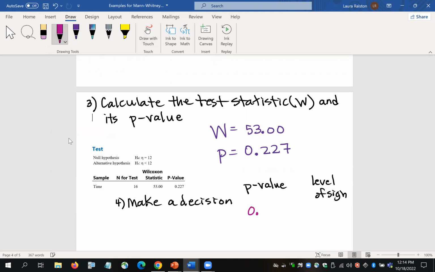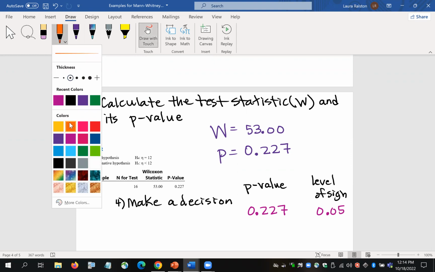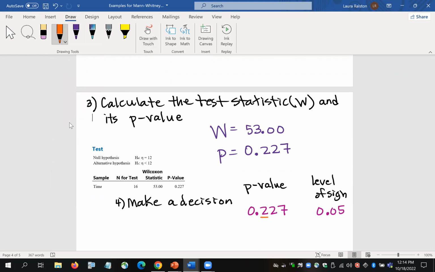So you have 0.227 compared to 0.05. Make the comparison. 2 compared to 0. 2 is greater than 0. So P is greater than the level of significance, which means we fail to reject the null.